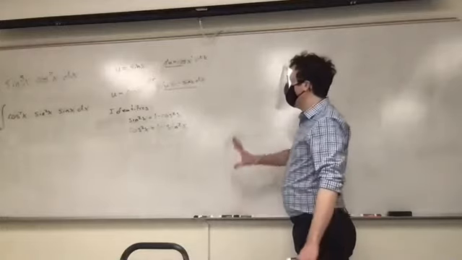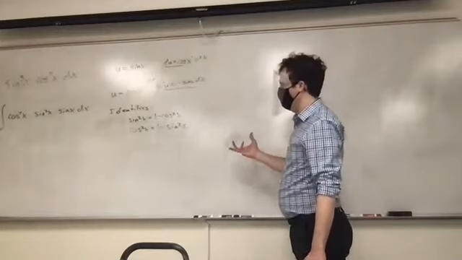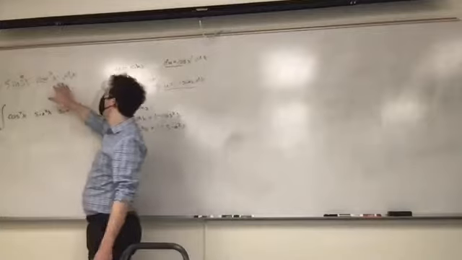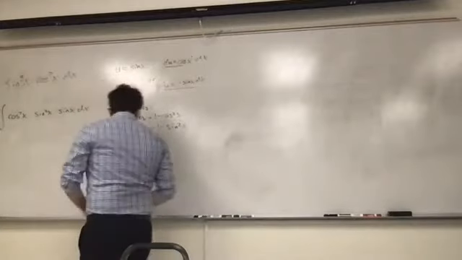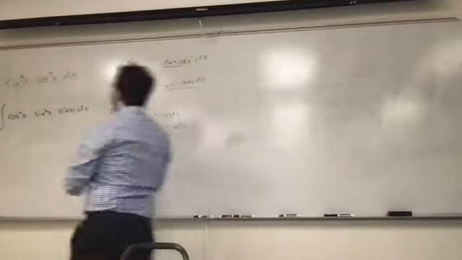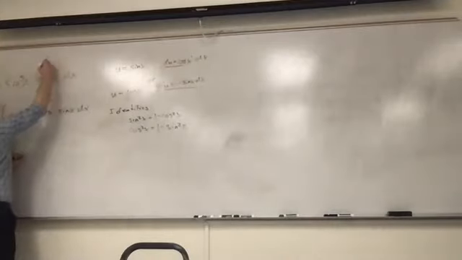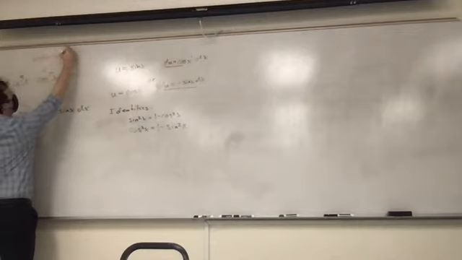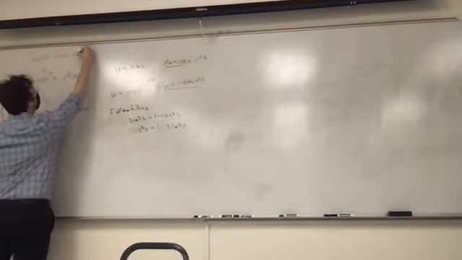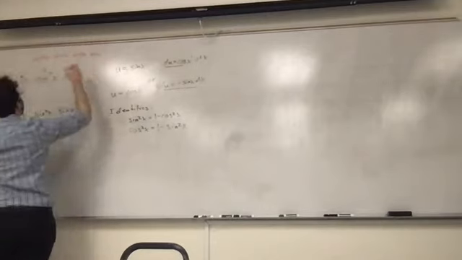If you think about doing it the other way, peeling off one cosine, what you really get is a cosine squared, another cosine squared, another cosine squared, and then the single cosine.